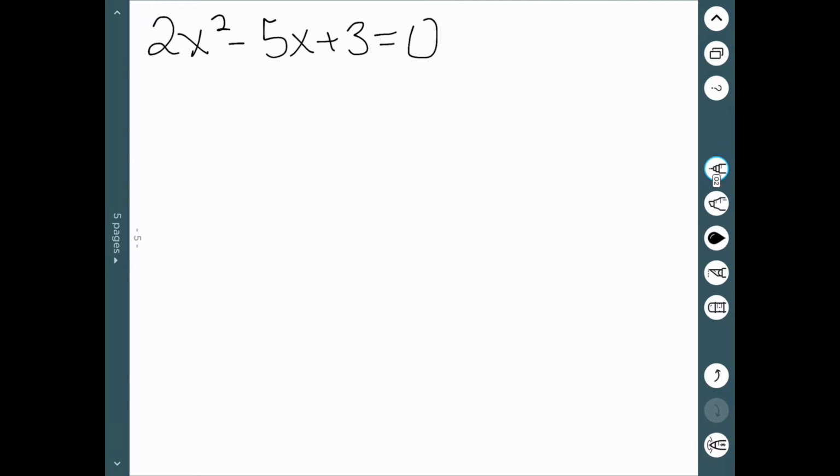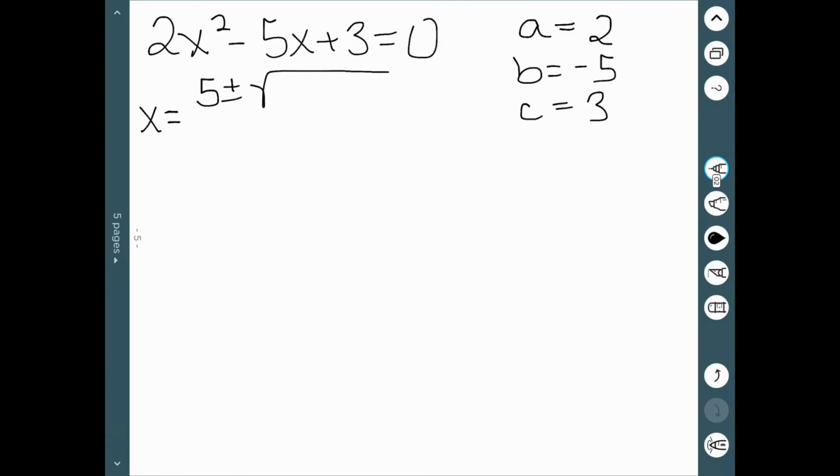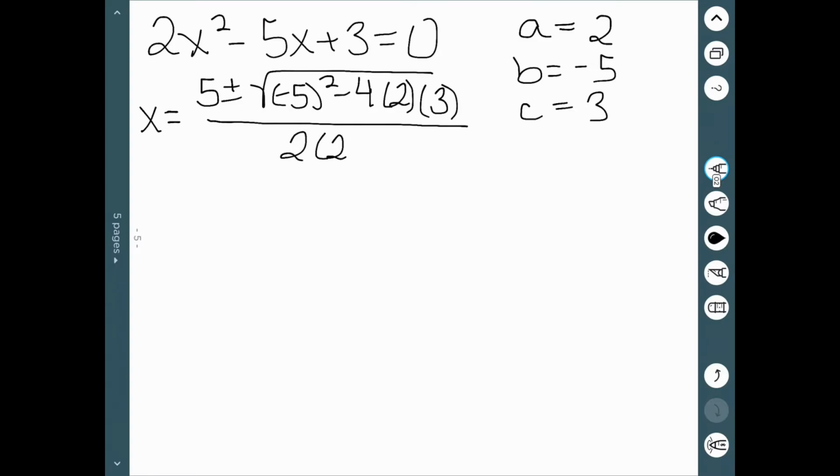Let's do one more. In this case, we already have 0 on one side. So a is 2, b is negative 5, and c is 3. So our formula says negative b, negative negative 5 is positive 5, plus or minus the square root of b squared, so negative 5 squared, minus 4 times a, which is 2, times c, which is 3, all over 2 times a, which is 2.